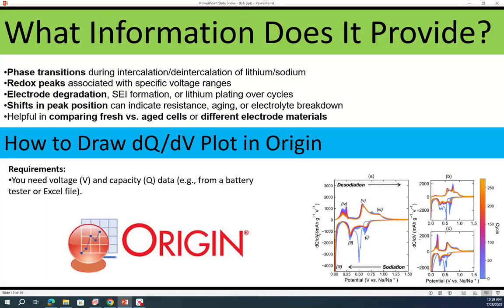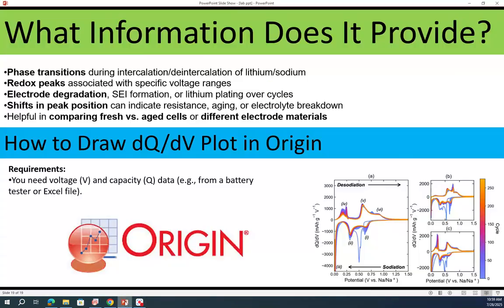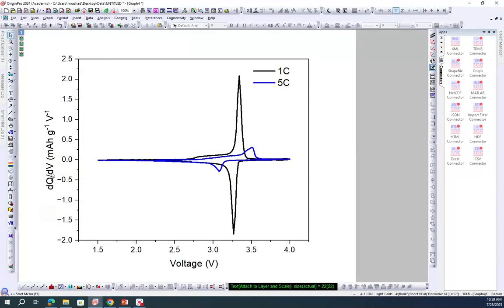So here we can see milliamp hour per gram per volt. And you can make them subscripts like this. Okay, or you can also write differential capacity.